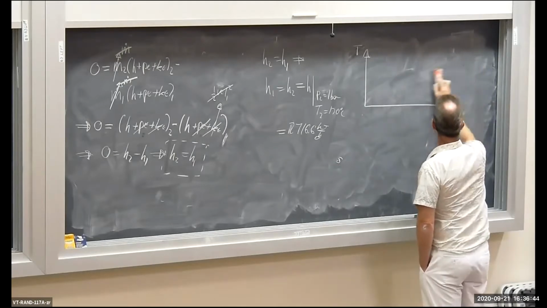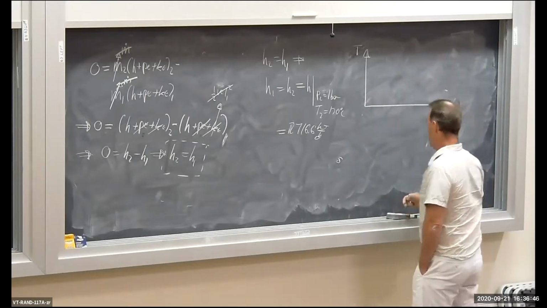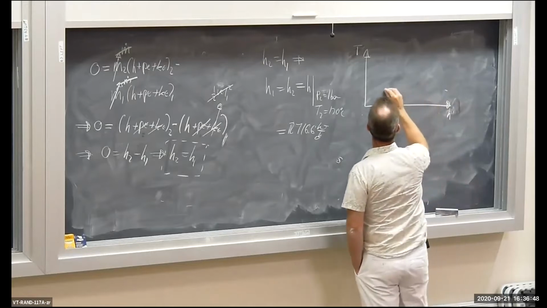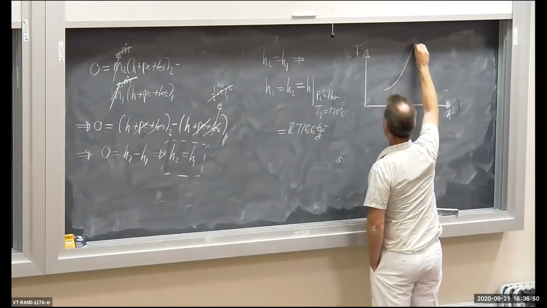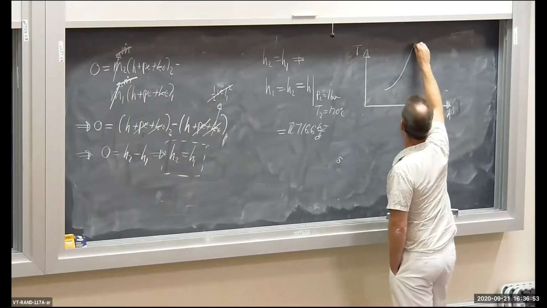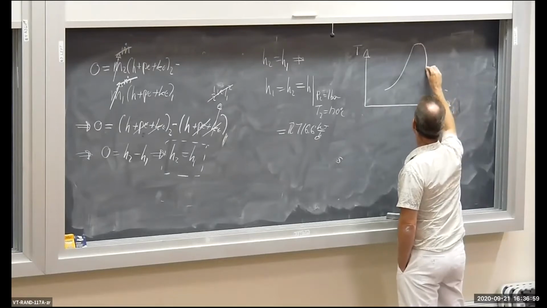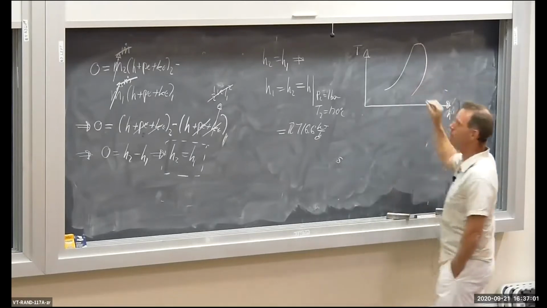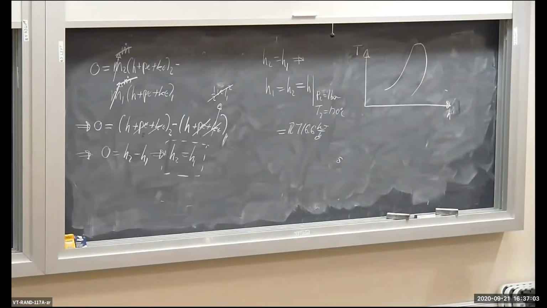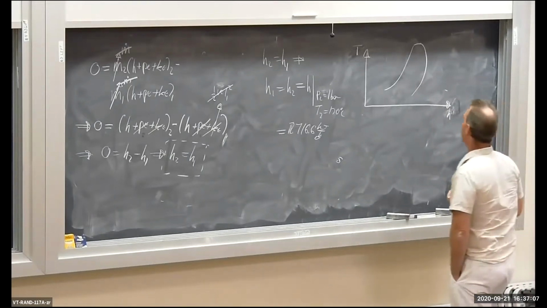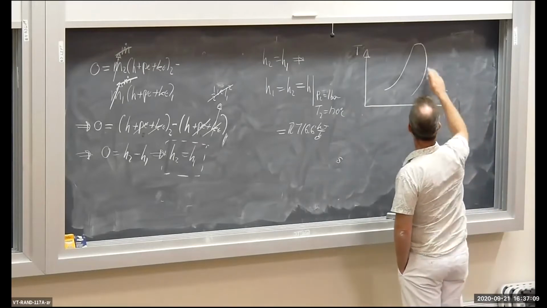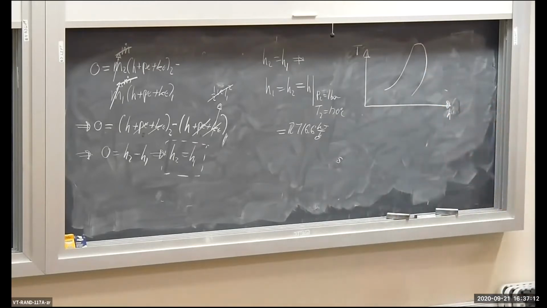The TH plot looks just like the TV plot on the saturated liquid side, but on the saturated vapor side, it curves over and becomes concave. So it looks something like this. This part here is a little bit different than the TV plot, okay?